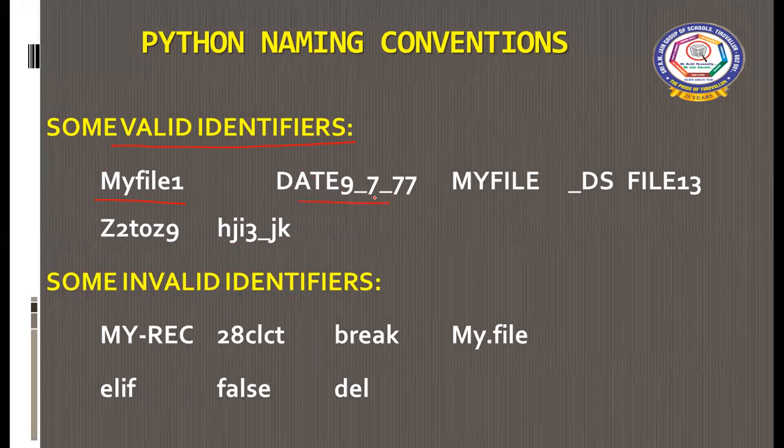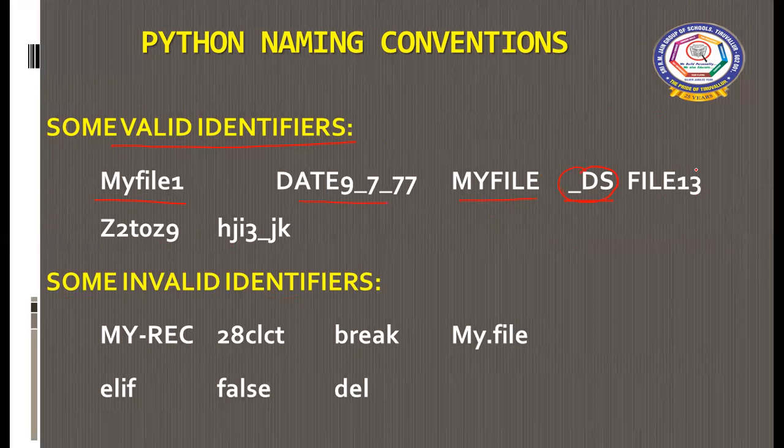So it is also a valid identifier. Myfile contains only characters, that is alphabets, so it is also valid. _ds means the first character of the name can be an underscore, so it is also a valid identifier.